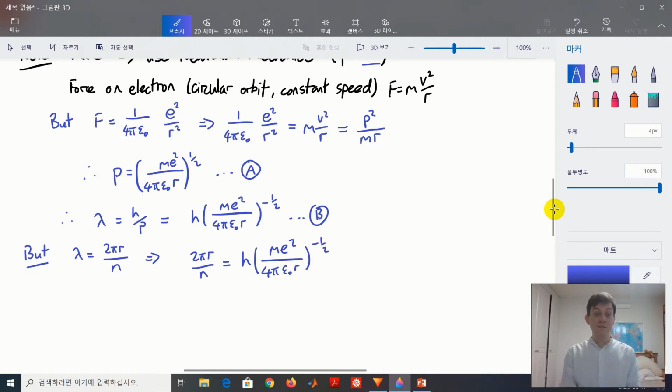Okay, so in this equation we can see that the only variables we have are r and n. Everything else is a constant. So this means there must be a relationship between the radius of the orbit r and this integer n. Okay, and therefore that means that the radius of the orbit is quantized.